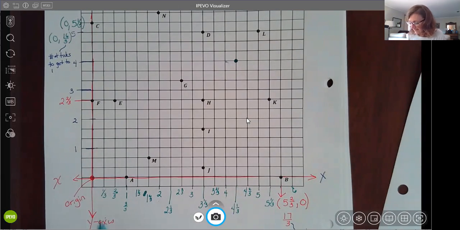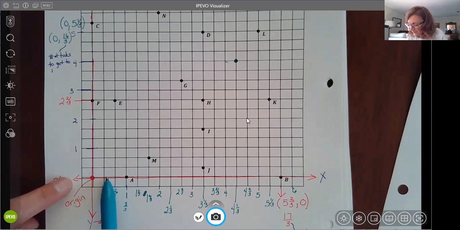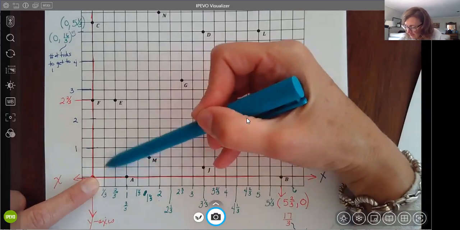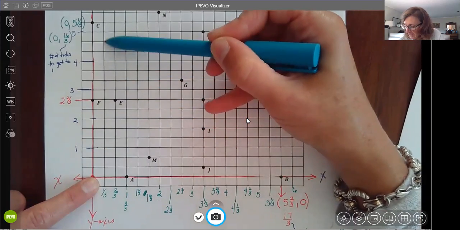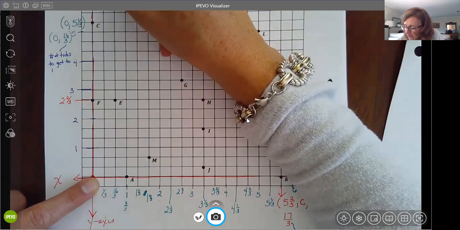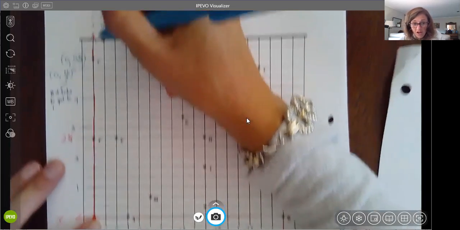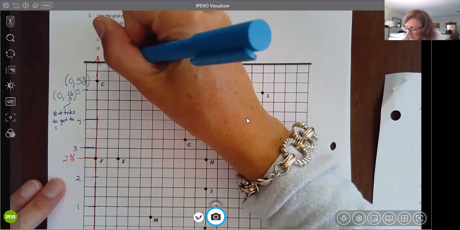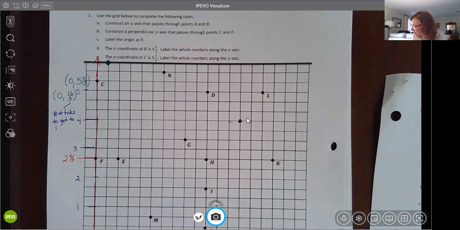How about 1/3, 6? So 1/3 is easy. It's just whoop, right there, just a little hop. And then here, let's go all the way up. Let's find 5. 1, 2, 3. Remember, every 3, we go all the way to the tippy top of this page. That'll be the point 1/3, 6.